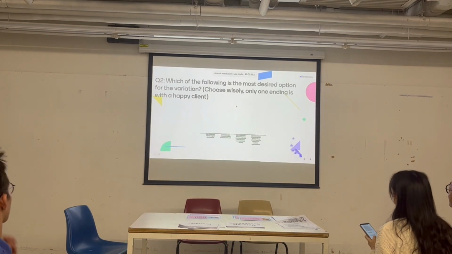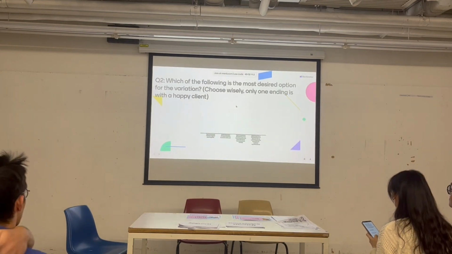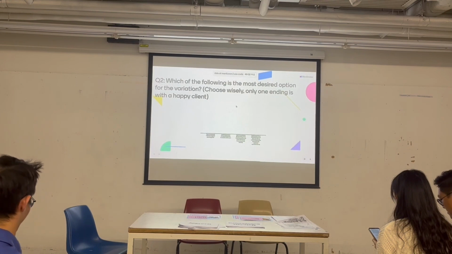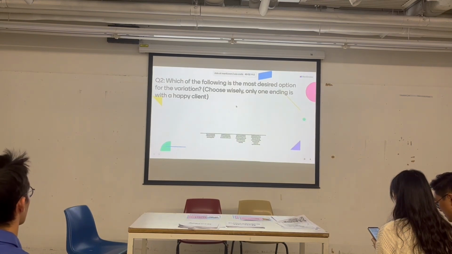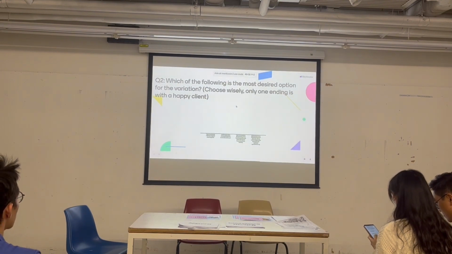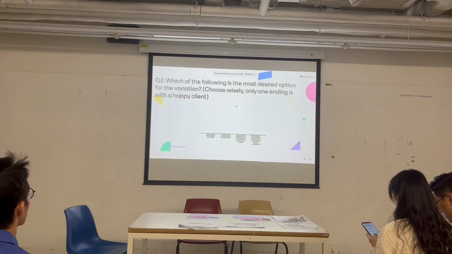And this is our second question to choose an open ending for our project. The first one is we will proceed with the original planting plan, and option B is we will abandon the planting area to avoid extra cost in the project.